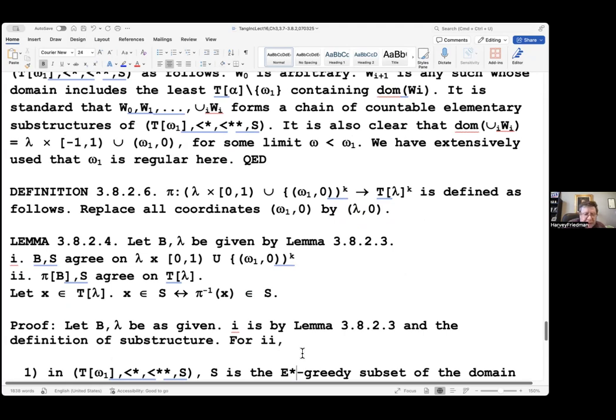Those are the two things you get out of this elementary substructure construction. You get these two facts, 1 and 2.